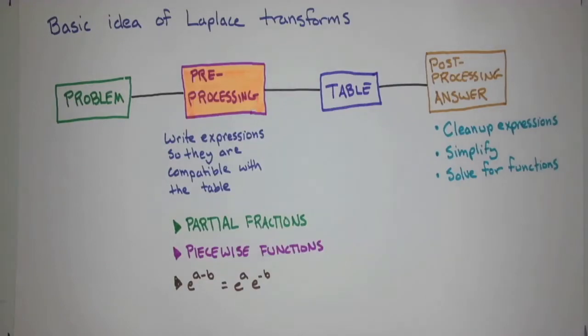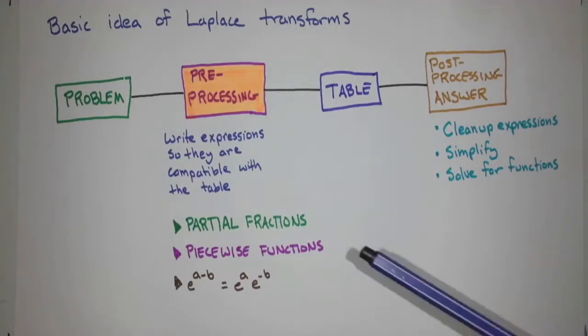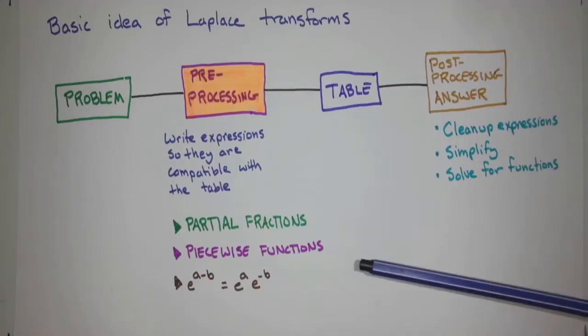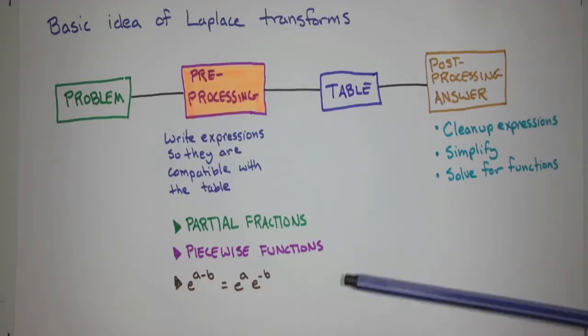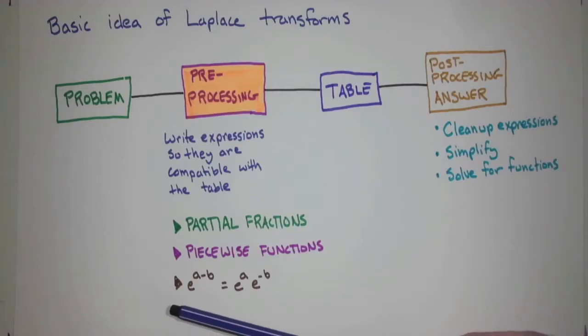And there are sort of three things I want to make sure you're comfortable with. Because I think these are three skills where you'll see them pop up from time to time. And we just want to make sure you're ready. So that's partial fractions, piecewise functions, and remembering how to handle exponential functions. Because sometimes this throws people off, and I just want to make sure it doesn't throw you off.